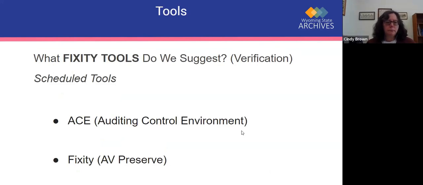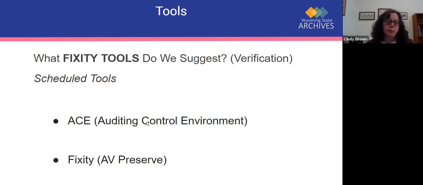And then these are the scheduled tools where you can tell it when you want it to do the checks. The first one, I'll be honest, I had never heard of, but it sounds fascinating. It's an open source tool developed by the University of Maryland. It allows the scheduling of integrity checks to verify that the digital records have not been compromised or tampered with, but it looks really powerful.